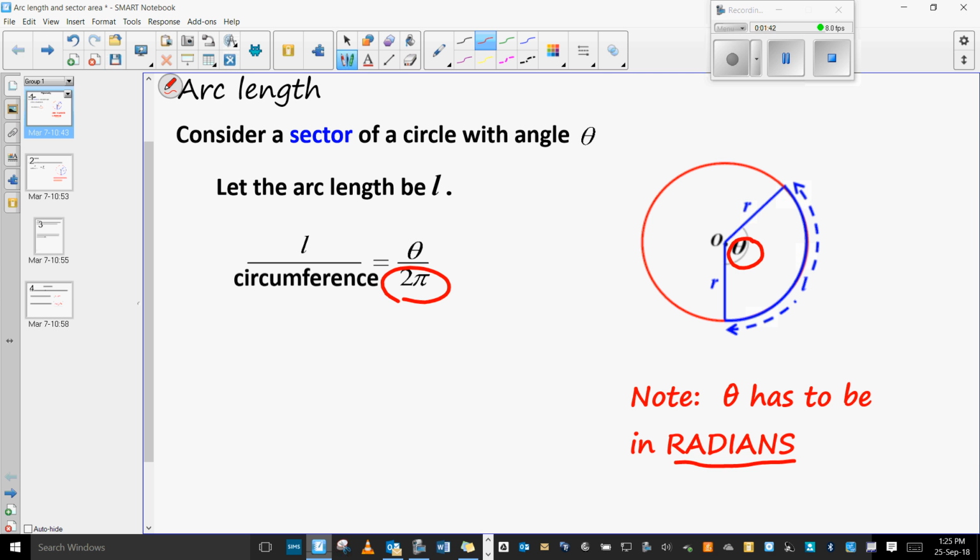Because it's a portion of the whole amount. So we're saying that this length compared to the whole circumference would be the same ratio as this angle compared to the whole circle. Yeah? Okay, so that's the first sheet.